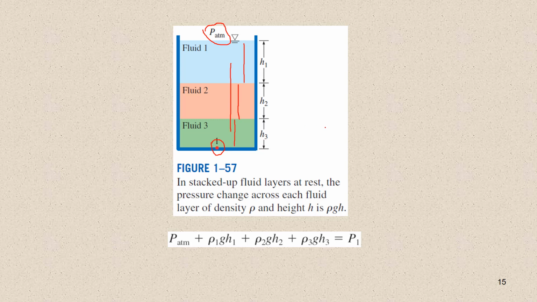So the pressure at point 1, that is P1, is going to be the atmospheric pressure plus rho 1 g h1 plus rho 2 g h2 plus rho 3 g h3.